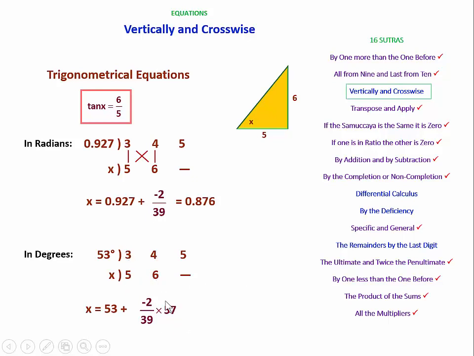But we have to multiply by this 57, which is an adjustment value that converts radians to degrees. And actually that's quite easy to do, because this fraction is always a small amount. In this case it's about 1 over 20. If we cancel 2 over 40 to 1 over 20, and 20 into 57 is about 3. So we've just got 3 degrees to subtract from that 53, and that gives us the answer 50 degrees.